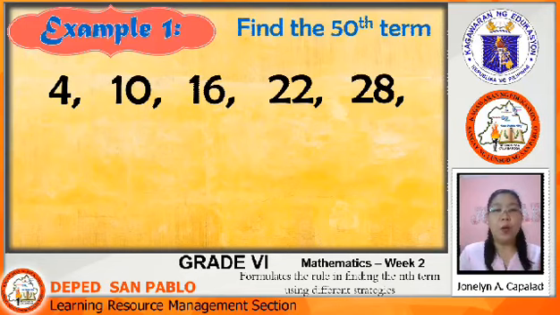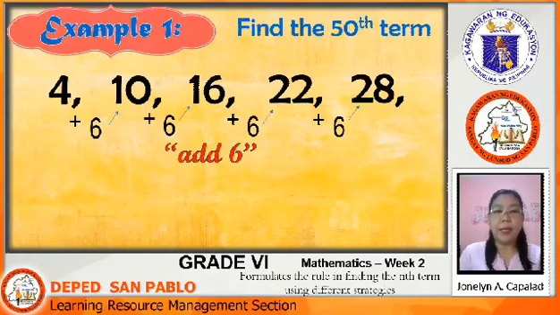Looking at the sequence, we can see that each term is 6 larger than the previous term. 4 plus 6 is 10. 10 plus 6 is 16. 16 plus 6 is 22. 22 plus 6 is 28. We say that the term-to-term rule is add 6.